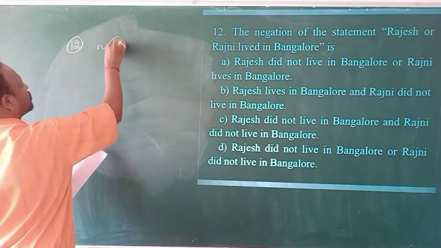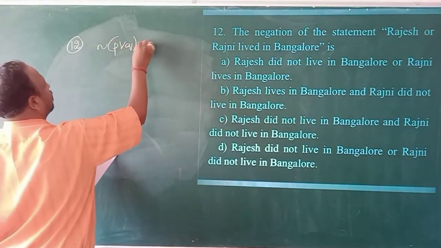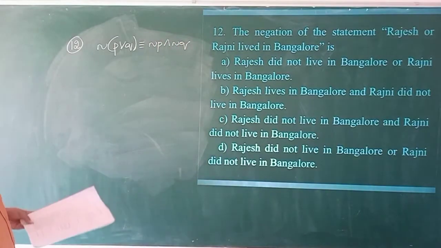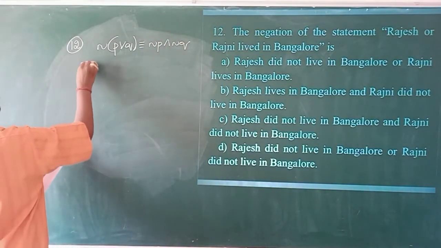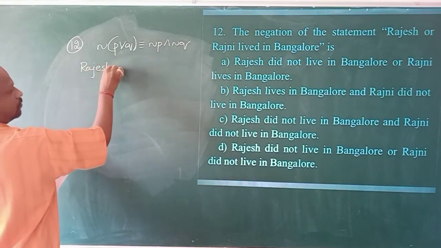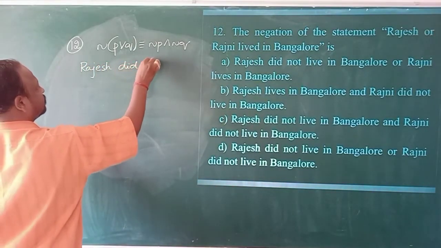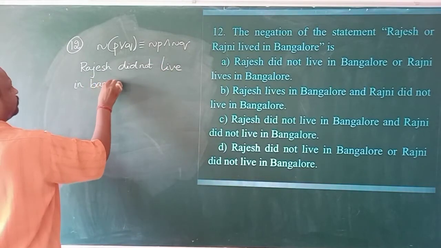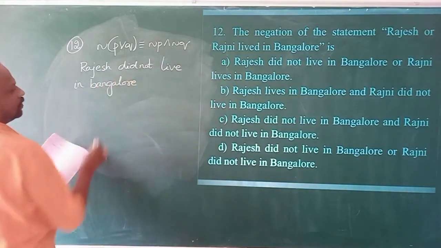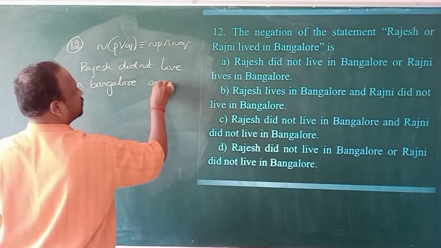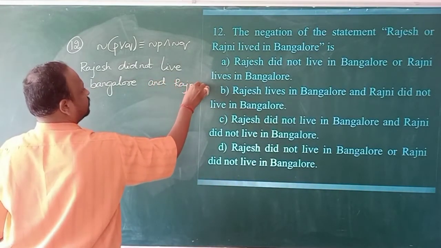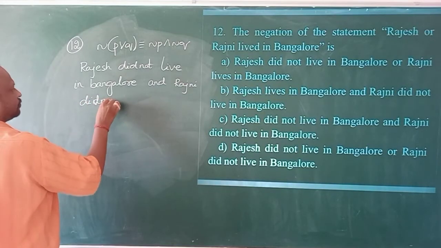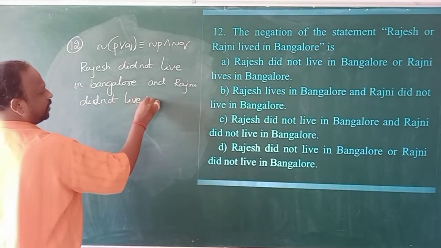Again, negation of P or Q is logically equivalent to negation P and negation Q. So here, Rajesh did not live in Bangalore and Rajni did not live in Bangalore.